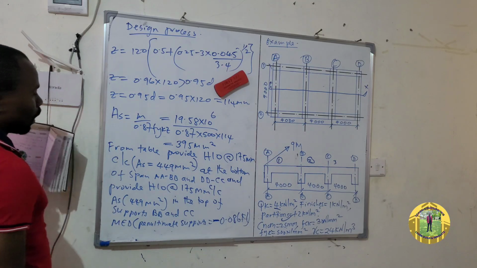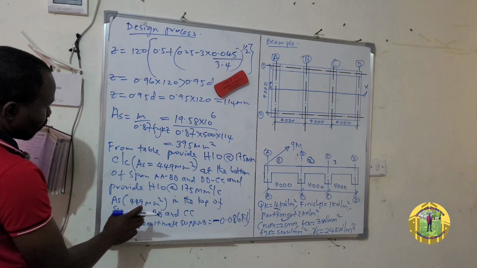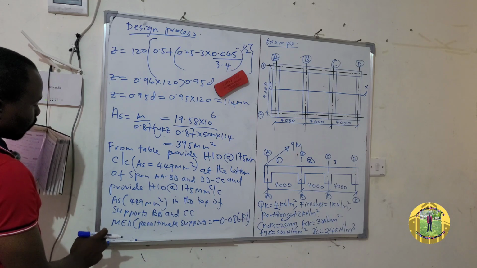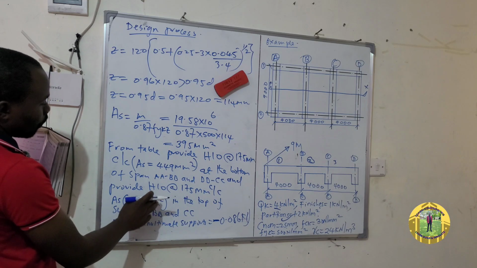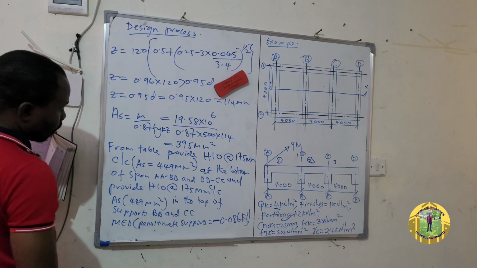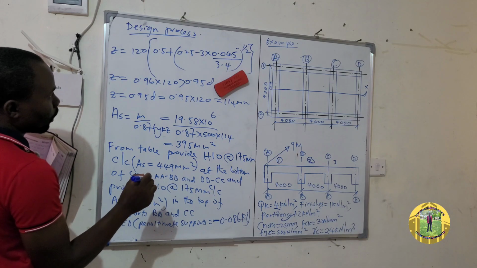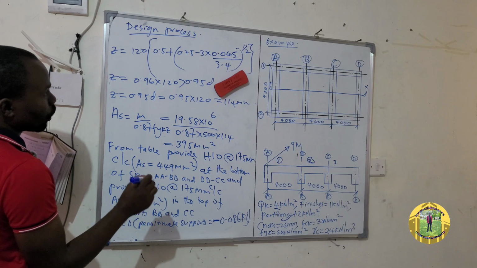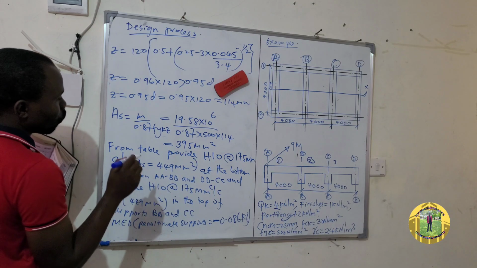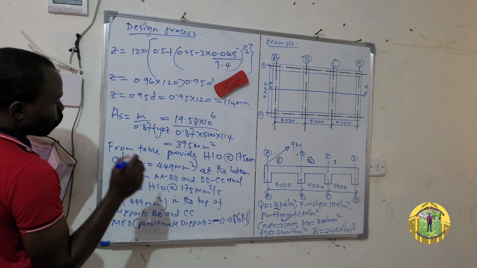So to avoid a lot of calculation, just write a statement and say that provide H10 at 175 millimeter center to center, area of steel 449 millimeter square in the top of supports BB and CC, because where we have a negative moment or a design moment, we always provide reinforcement at the top, and where we have positive, we provide at the bottom.